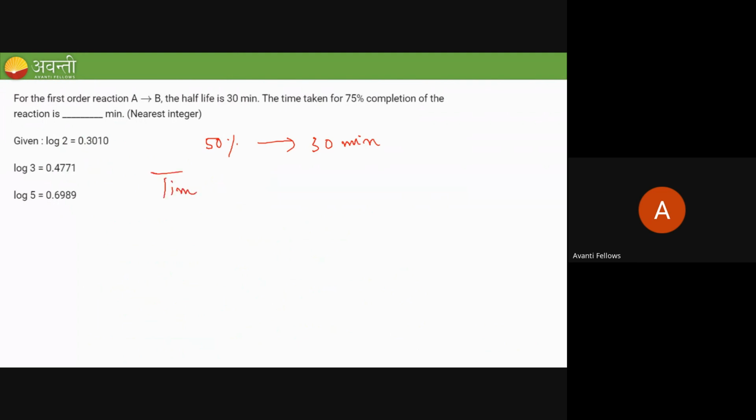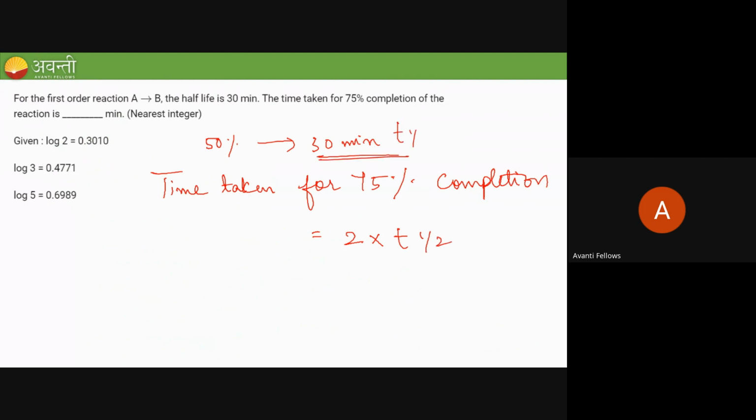Time taken for 75 percent completion of the reaction will be equal to 2 into T half. Put 2 into T half, 2 into 30. This will give 60 minutes. For 75 percent completion, we need 60 minutes.